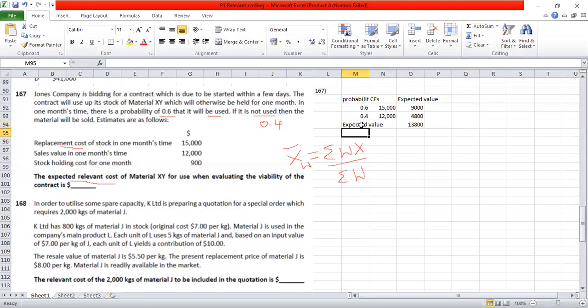This is only about the expected value of two different alternatives.